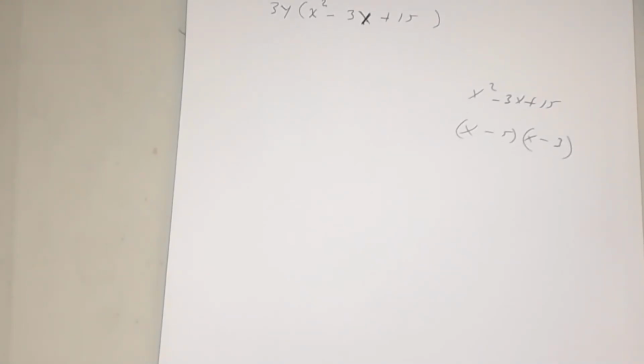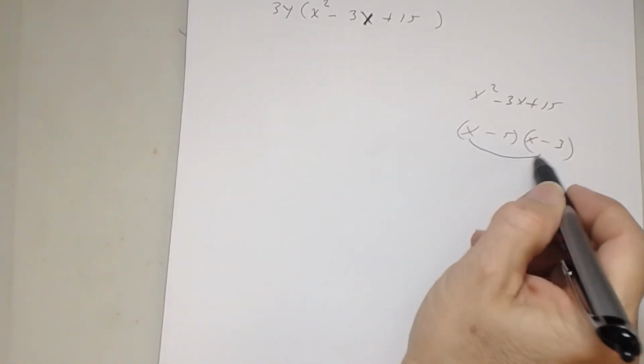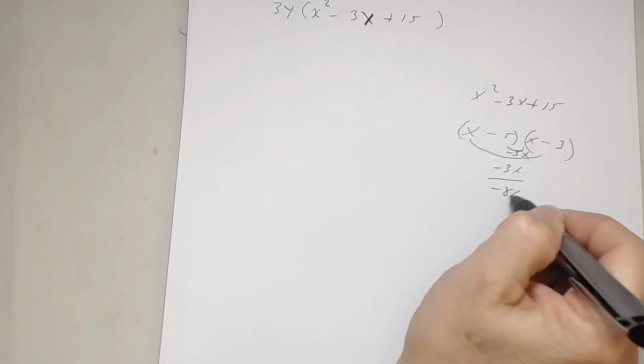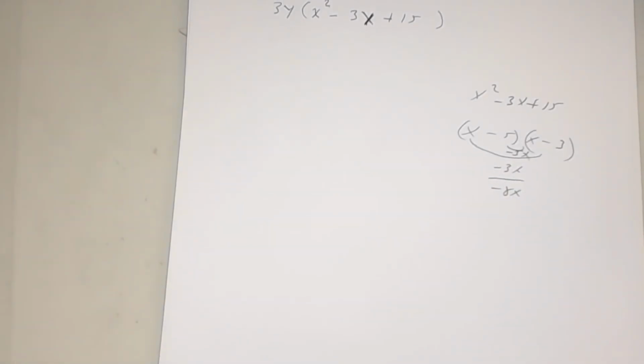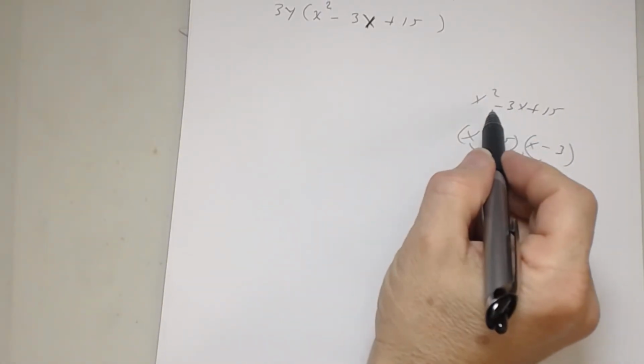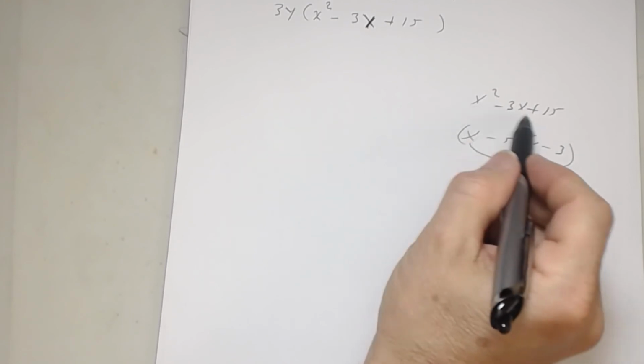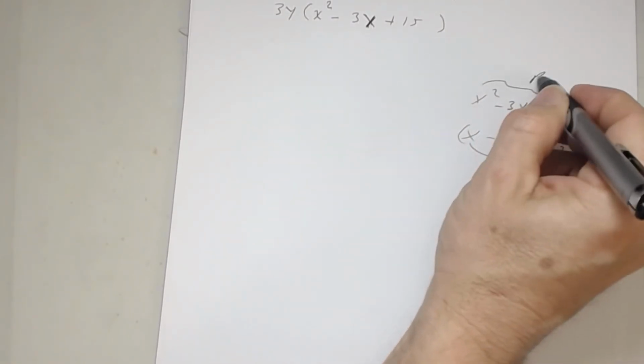All right. Does that work? No. Because when you do the outer and the inner, you get negative 8x. What you want is negative 3x. Doing 15 and 1, is that going to help at all? No. So in terms of this right here that I'm looking at, can I factor this? No. So that is prime, right?